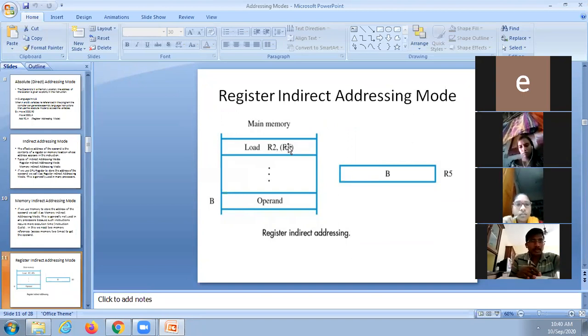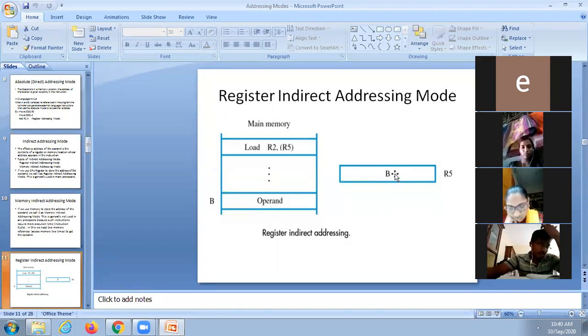In R5, you have the address of the operand. For any operation, you need two operands or two values. One value is at the address which is stored in R5. This is register indirect addressing mode.